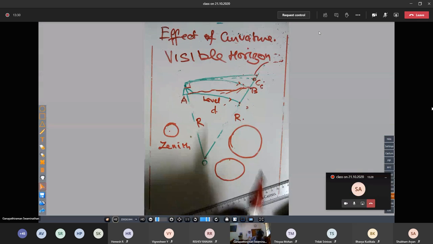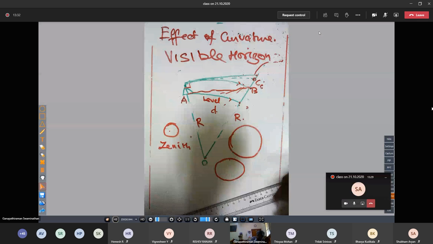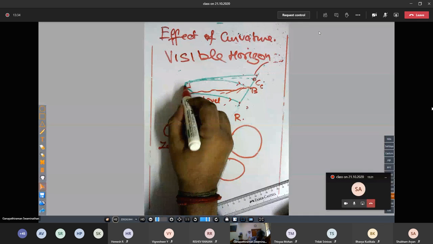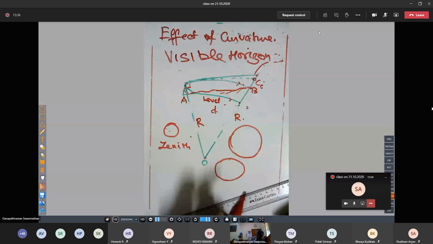Okay. So this is your R, assuming that this is very small. So can I write this way?